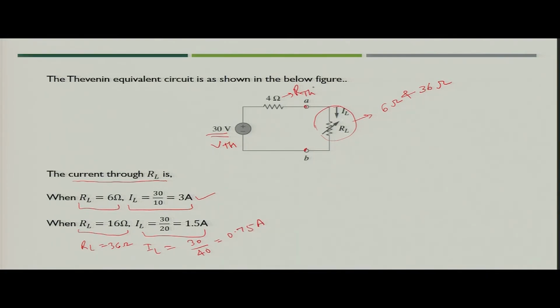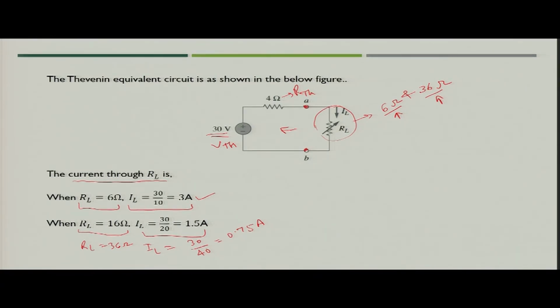So, in this way, the benefit which you will get is that you will keep the left of the terminal AB same, and you will keep on varying the load resistance, and you can find out the value of load current when various load resistances are given. So, in this way you can calculate the value of the load current for various loading conditions.